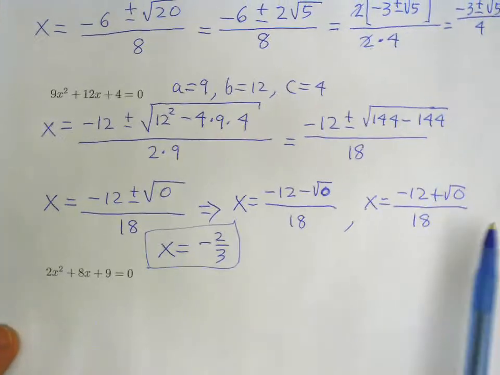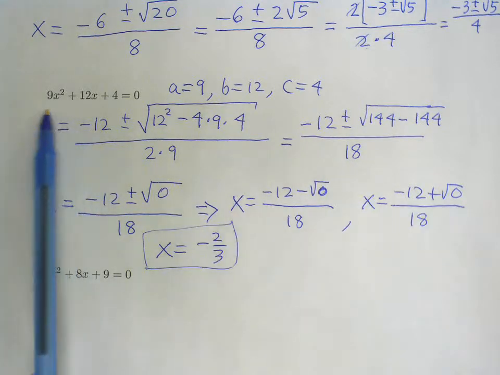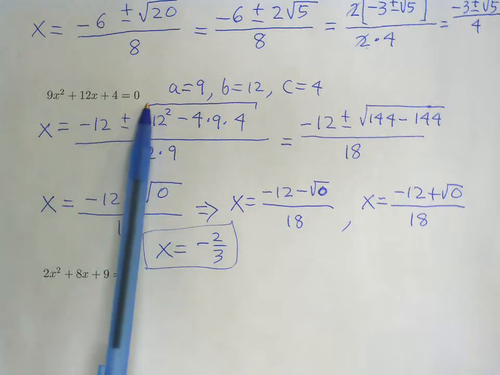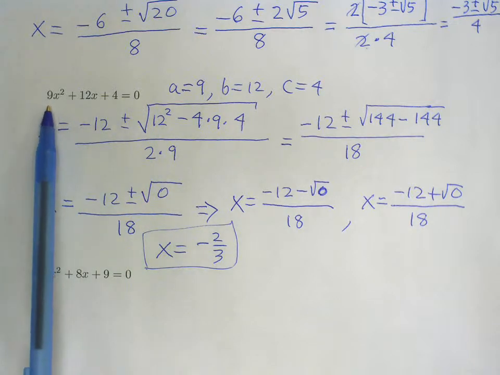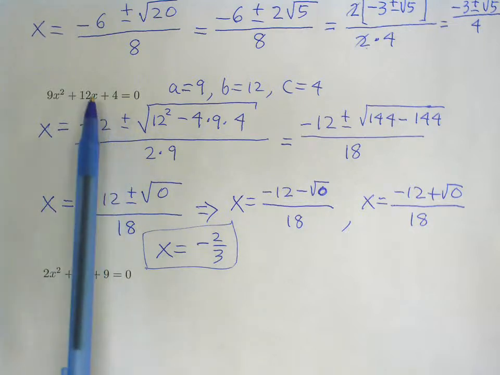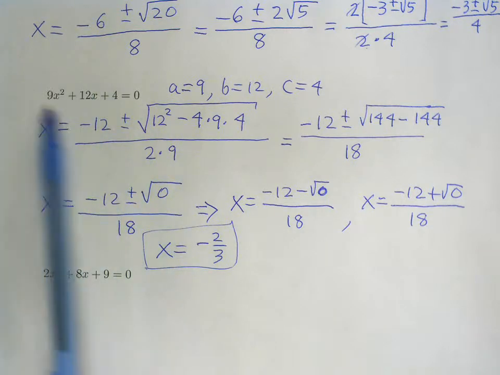Okay, so just another thing. We started out with this equation in standard form. Notice the greatest common factor of all three terms is 1. Since the discriminant is 0, that means that this is a perfect square trinomial.